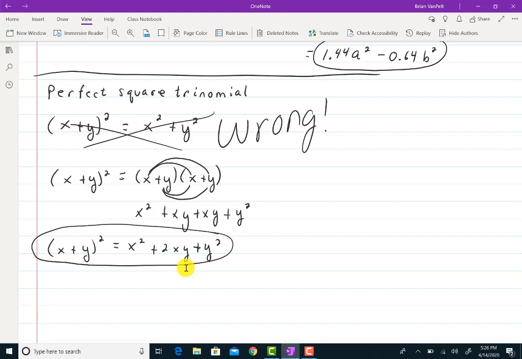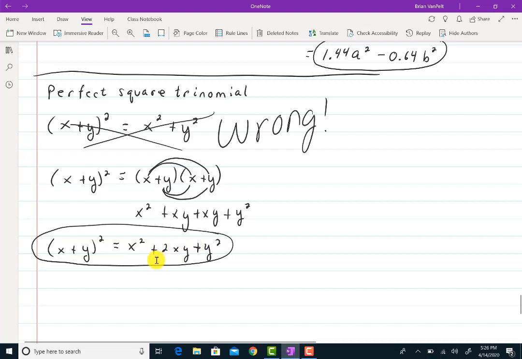This one is not nearly as much fun to memorize as the other one. And to be honest, I don't bother memorizing it, but if you go into a future class, you'll hear them say things like perfect square trinomial all the time. And what they're looking at is the result. This here, right here, is a trinomial.